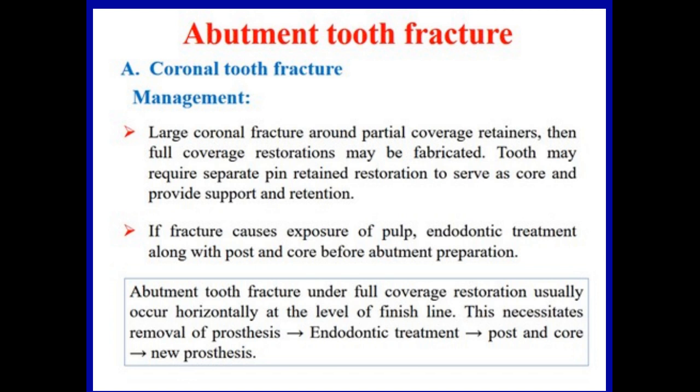The abutment tooth fracture under full coverage restorations is usually horizontal, at the level of the finish line. This necessitates removal of the prosthesis, endodontic treatment, post-anchor, and a new prosthesis.